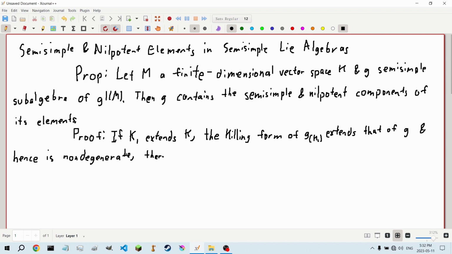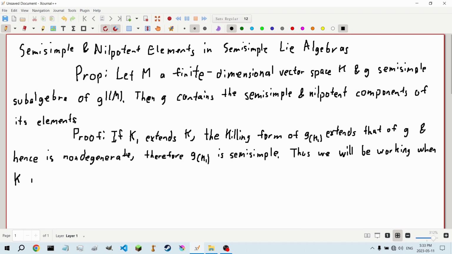Therefore, the extension GK1 is semisimple. Thus, we will be working when K is algebraically closed.